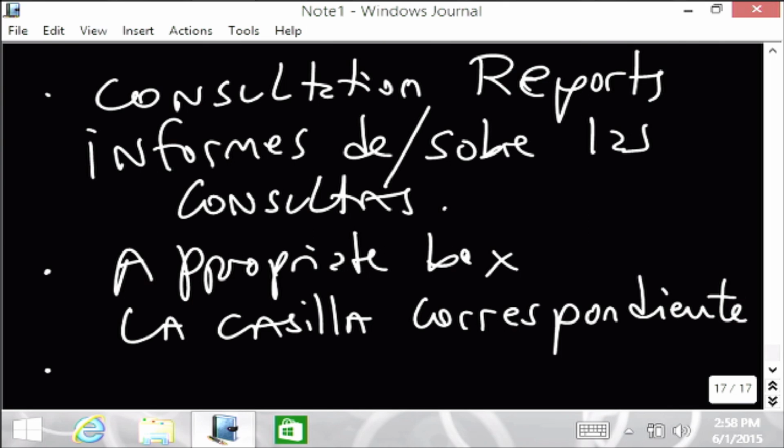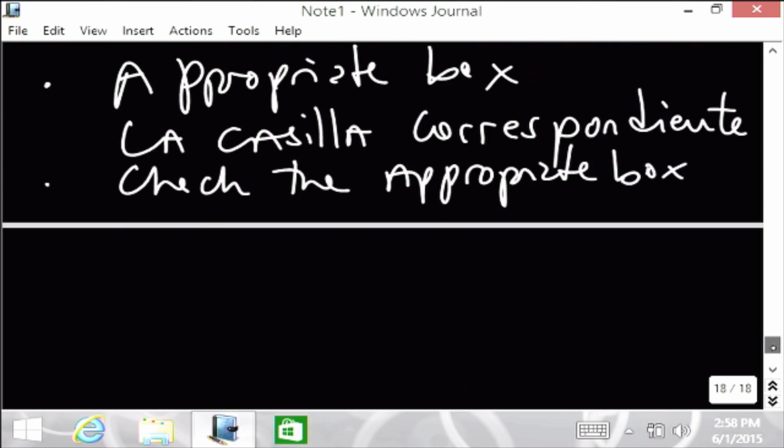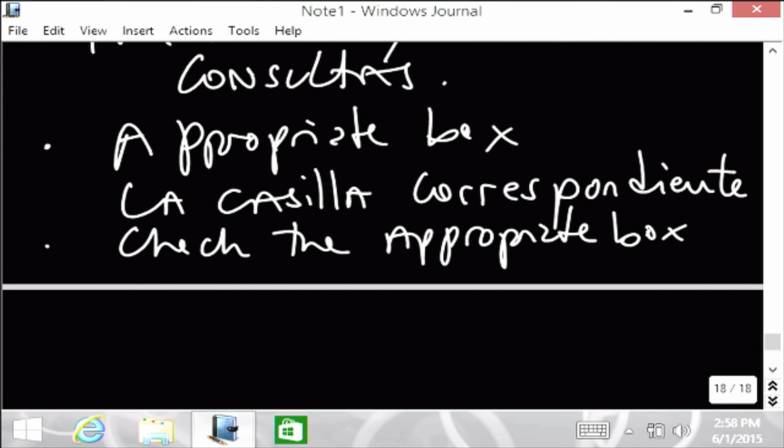And now, what about when you say check the appropriate box? There are many ways to explain this, okay? The best way in Spanish, really, in more formal Spanish, is pongo una X, you say X, right?